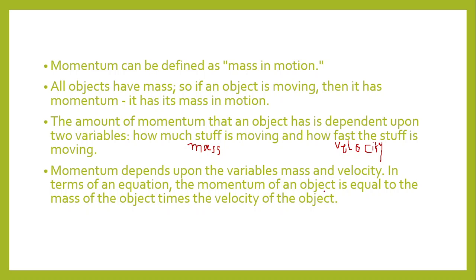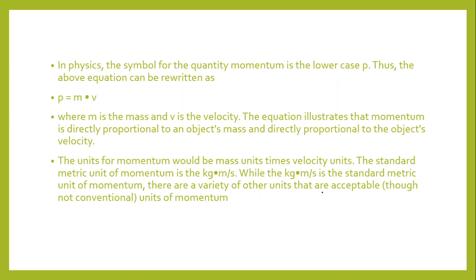In terms of an equation, the momentum of an object is equal to the mass of the object times the velocity. So now we know that these were the two things we were using to define momentum, mass and velocity, and momentum is the product of these two: mass multiplied by velocity.